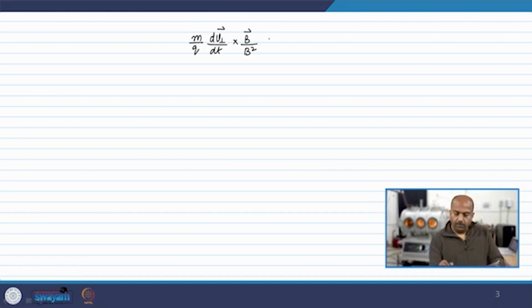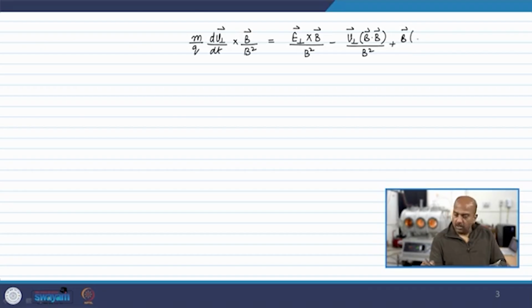So, we will have m by q d v perpendicular by dt cross B by B square is equal to E perpendicular cross B by B square minus V perpendicular times B dot B divided by B square plus B times V perpendicular dot B by B square.